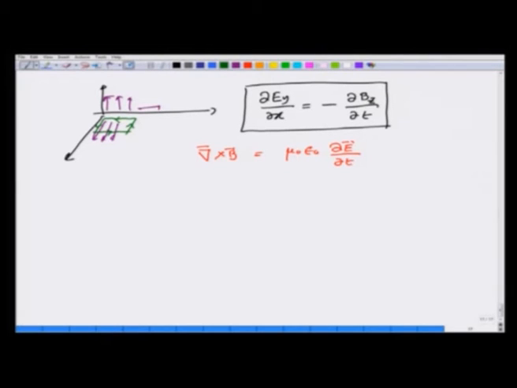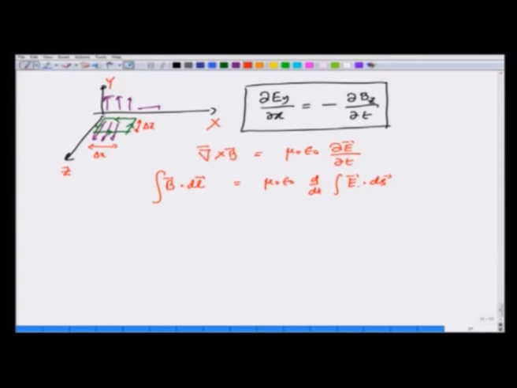Again, remember, this is my x direction, this is my y direction, this is my z direction. This distance is delta x, this is going to be delta z. Now, Stokes theorem gives me the integral of B dot dl equal to mu 0 epsilon 0 d by dt of E dot ds.